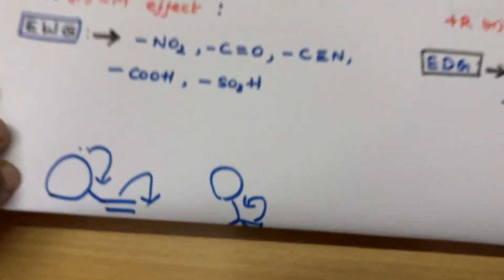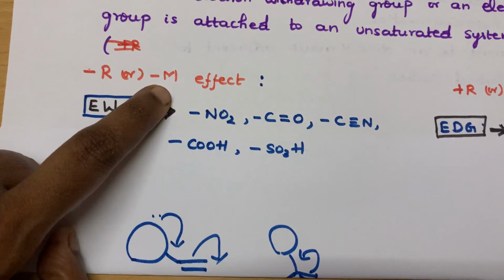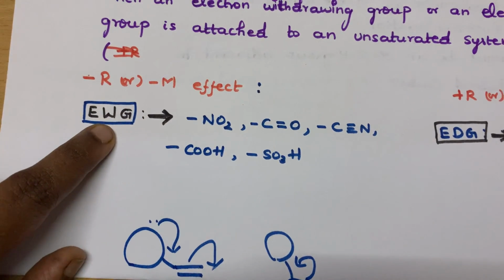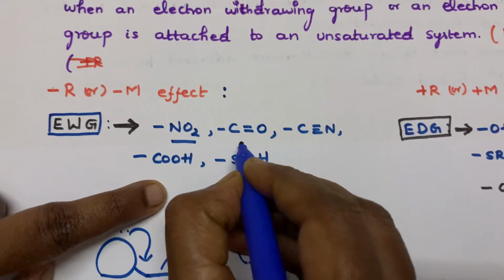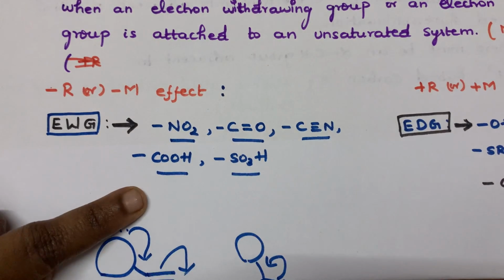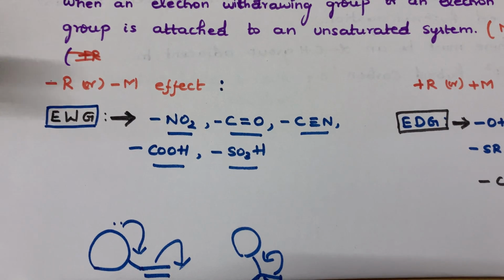Okay, so what are the groups? The minus resonance effect, or the negative mesomeric effect, is given by electron withdrawing groups such as nitro, carbonyl, cyanide, acid and sulfonic acid. Remember students, some of the groups will have both negative inductive effect and negative resonance effect, and some of the groups have negative inductive effect and positive resonance effect, but I will tell you how to remember them.